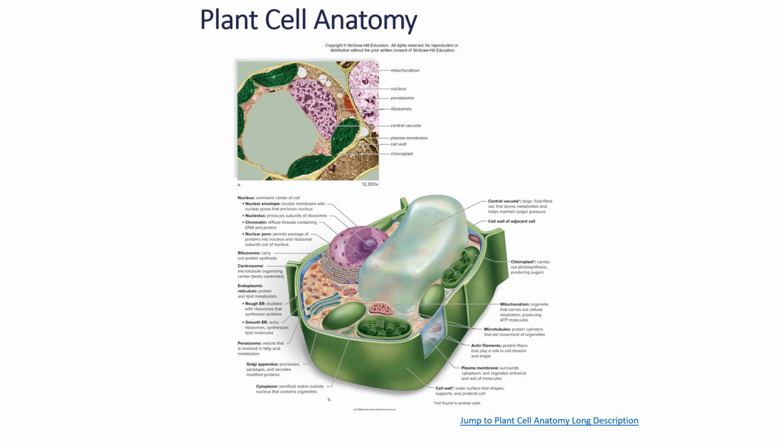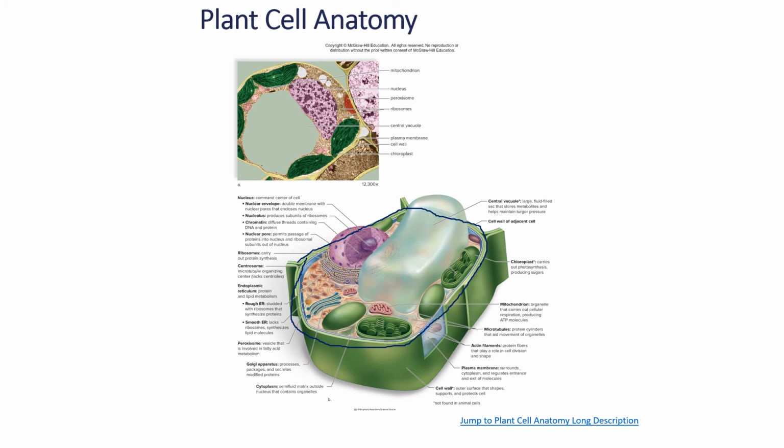Plant cells have some things that animal cells don't. Plant cells have a cell wall, which is like the bacteria. Bacteria also have a cell wall, so animal cells are sort of the odd man out in that they don't have a cell wall. The cell wall is slightly different between the plant cells and the bacteria.